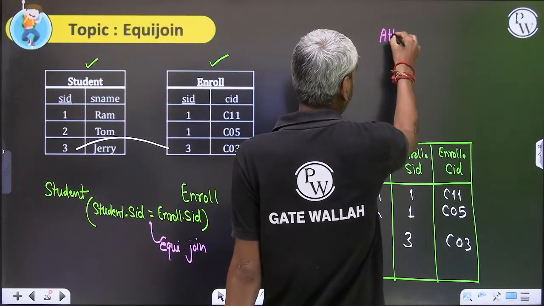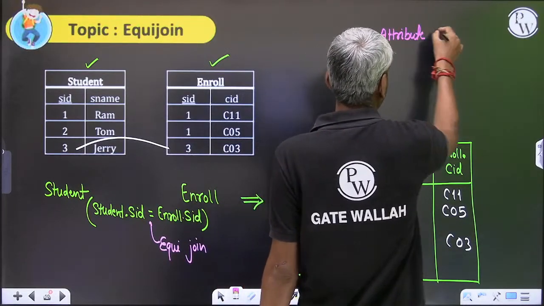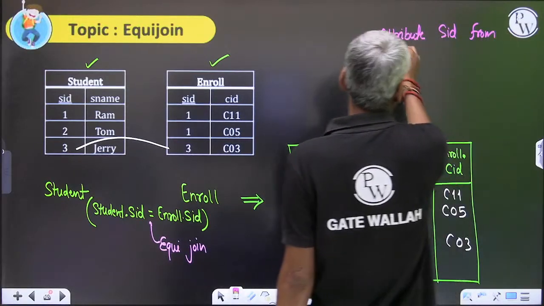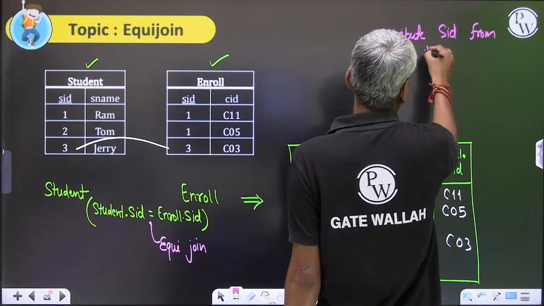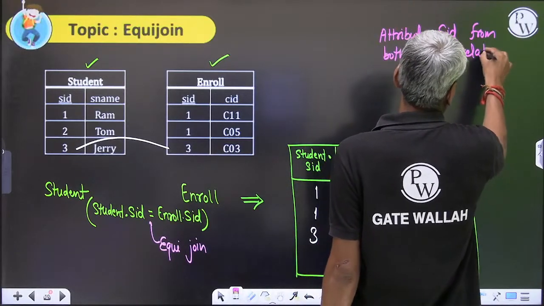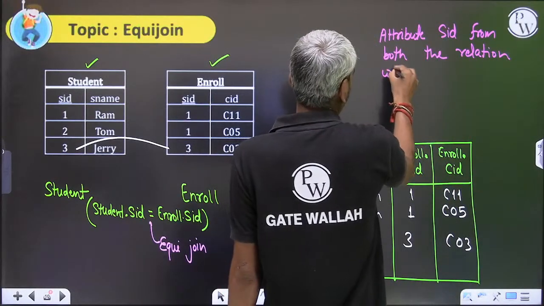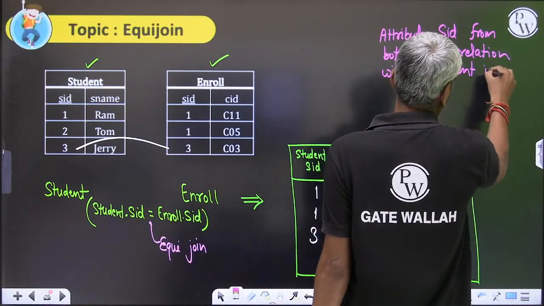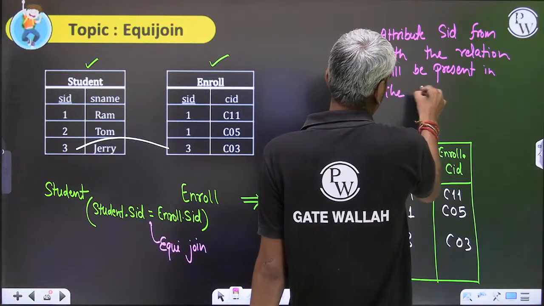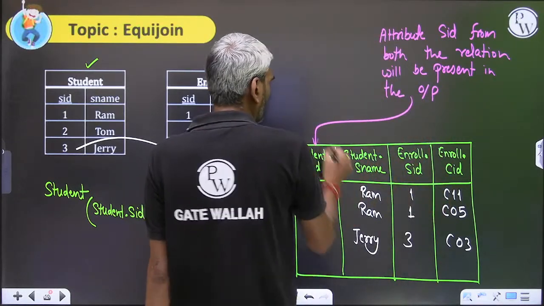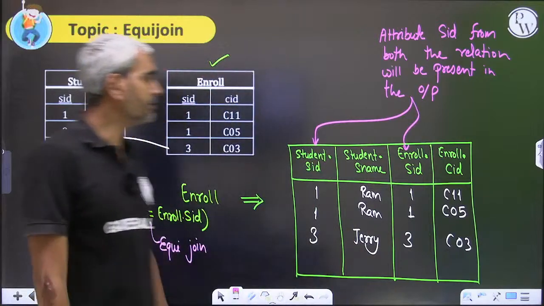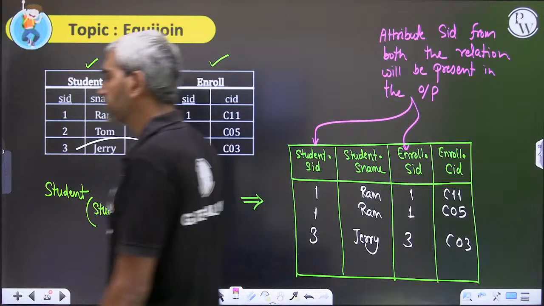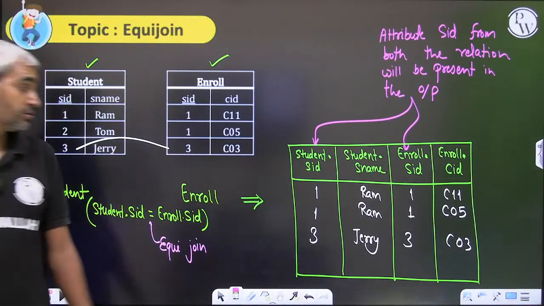Attribute SID from both the relations will be present in the output. So attribute SID with respect to the student table will be present, as well as attribute SID with respect to the enroll table.